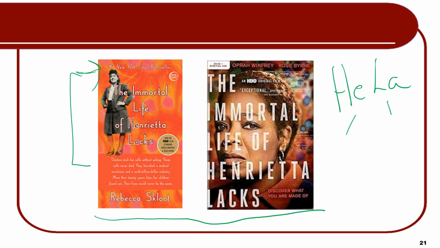Henrietta's family were not aware of this and did not get any money from that process. That's a lot of what the book talks about, both the social and moral implications as well as the medical implications of this cell. So it's a really interesting story, and there still are HeLa cells being used in research on cancer today.